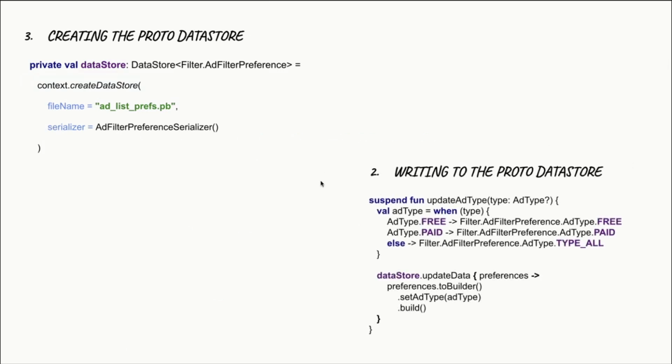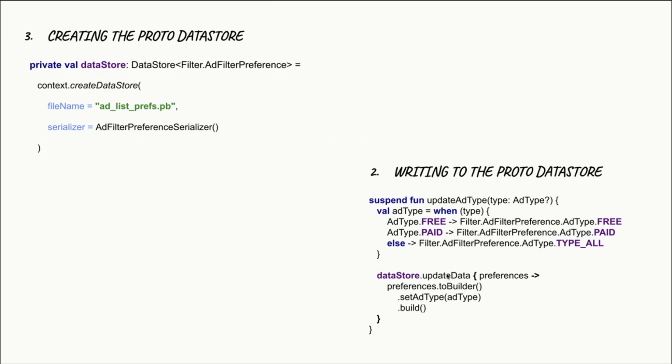Writing to the proto DataStore. Whenever you write based on the ad type, let's suppose I've selected an ad type, you assign it to the generated ad type of the proto.